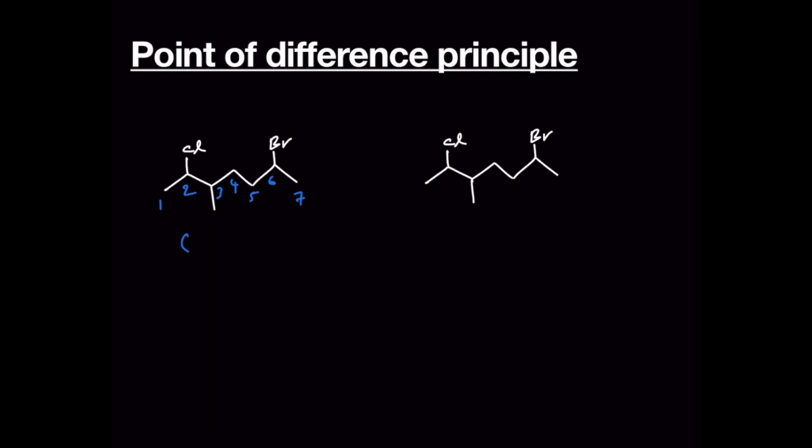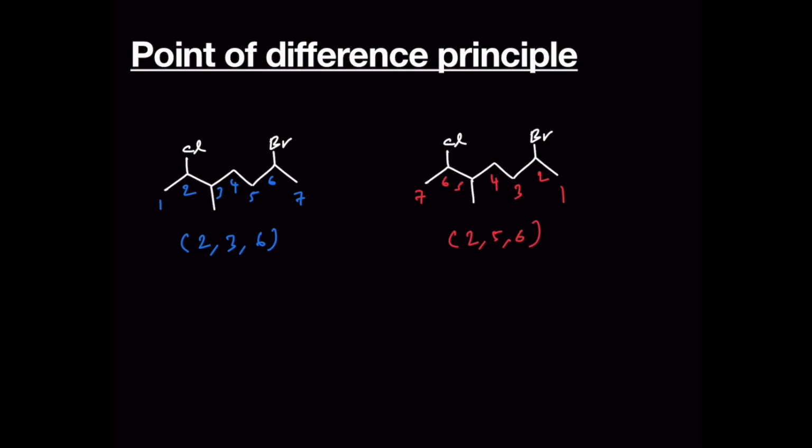Here the substituents are at 2, 3, 6 position, and then right to left 1, 2, 3, 4, 5, 6, 7. Here the substituents are at 2, 5, 6 position.